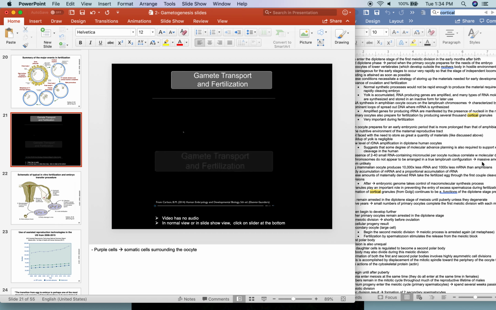There's no description of the details of this, but just at that point, the protamines that I told you replace the histones would be replaced by the normal histones, and then you start getting decondensation of the male.